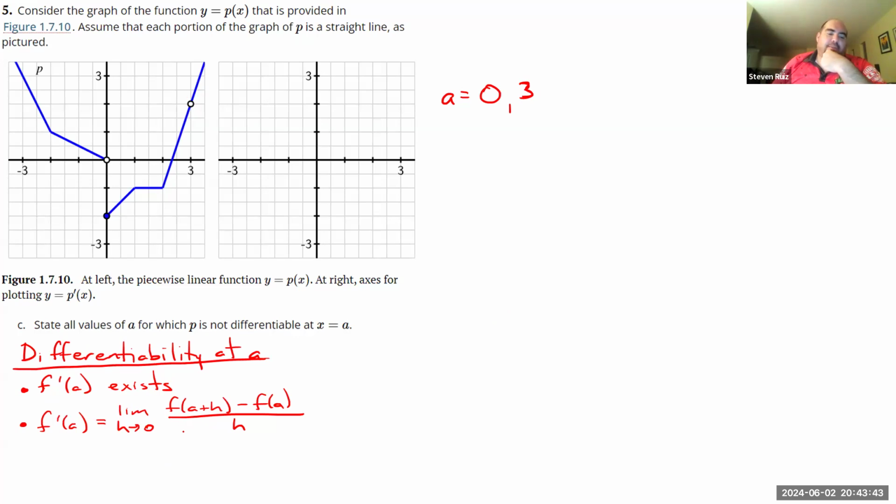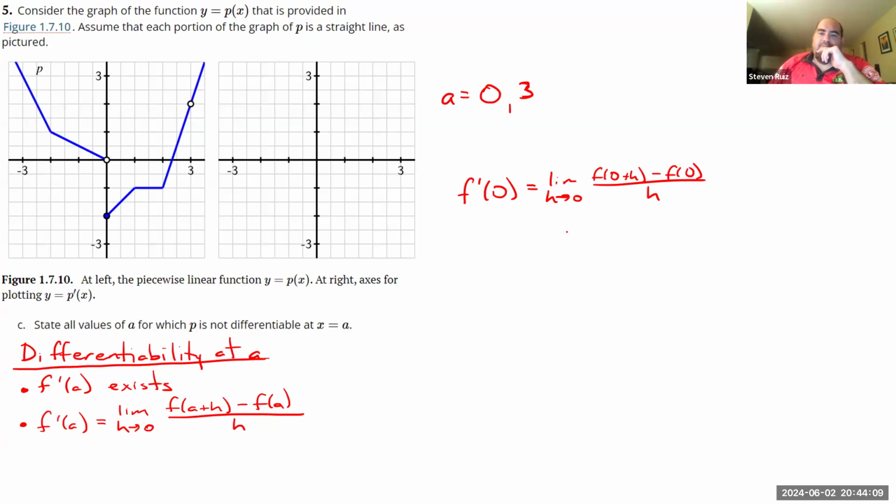If we want to talk about that in terms of the limit, let's look at an example here. What is f prime of 0? Well, that's equal to the limit as h approaches 0 of f of 0 plus h minus f of 0 over h.